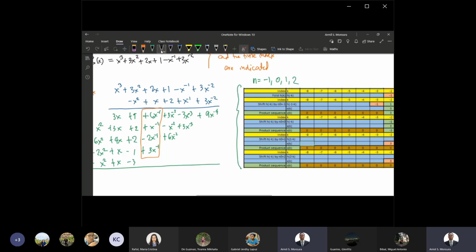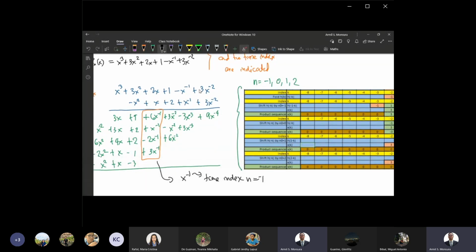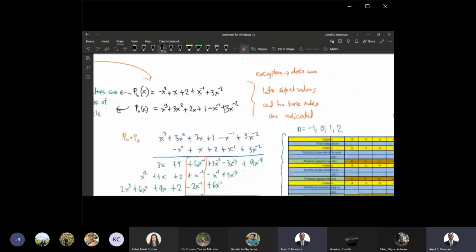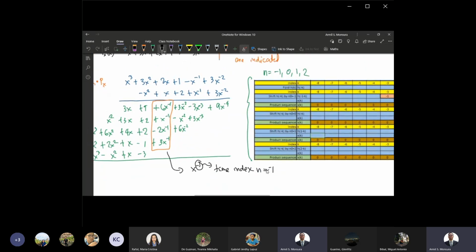Again, take note that yung exponent ng x raised to negative 1 here, itong exponent na negative 1, actually depicts the time index n equals negative 1. Okay? Tandaan natin yan, kasi yun yung ginawa natin dito na convention. So, yung x raised to negative 1, yung exponent nun actually depicts the time index negative 1.